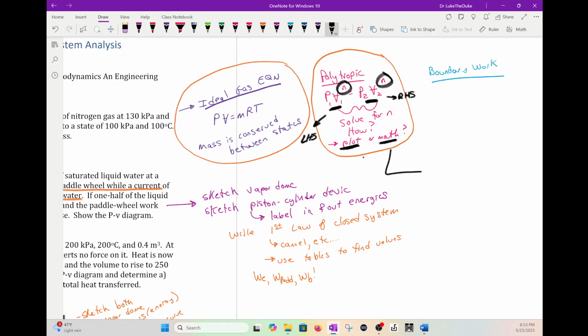That's when, so like if I plot left-hand side and right-hand side versus N, say this is left-hand side and say that's right-hand side, where they cross, that is your N. And then you can go ahead and look back in the notes for the boundary work for a polytropic process.